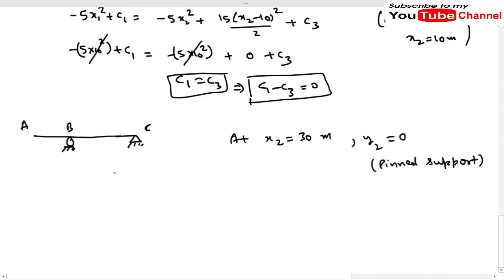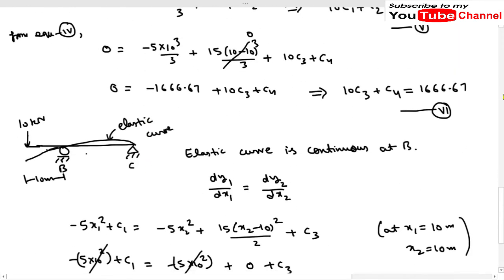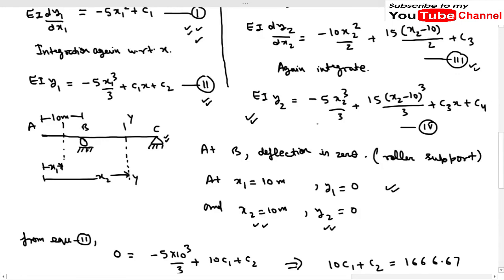So we can't use the equation for portion AB. We will have to use the equation for portion BC, because we are talking about C. Okay, so what was the equation for portion BC for slope? Sorry, for deflection. So the equation was this, equation number 4. Okay, we will put the value of x2 is equal to 30 meters, and we will write an equation.